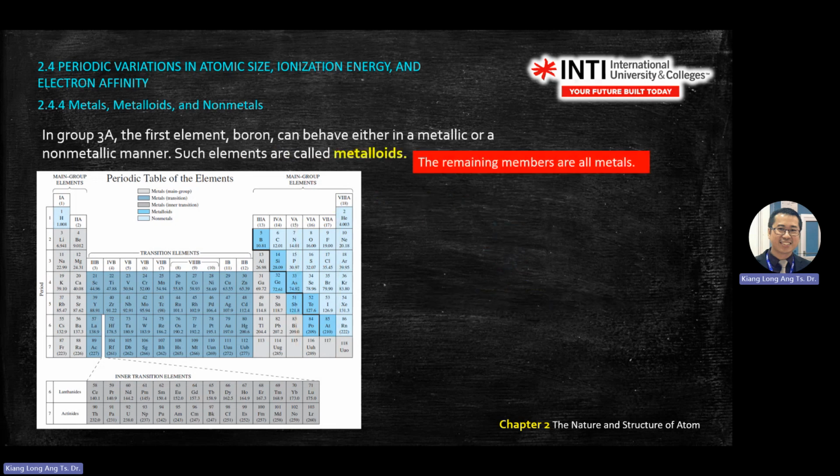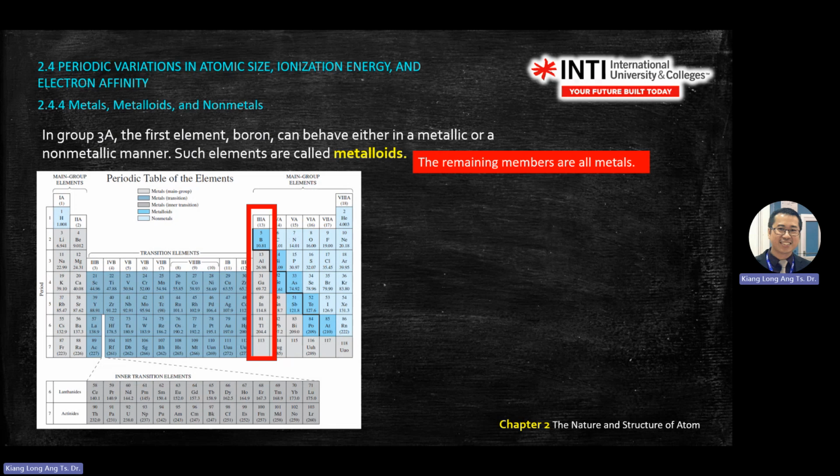Okay. Then another name is called metalloid. Metalloid means it can become male and female, means that you can switch. It can become positive charge, it can become negative charge. It can be metallic, it can be non-metallic. Normally this one is like group 3A boron. They call it metalloid.